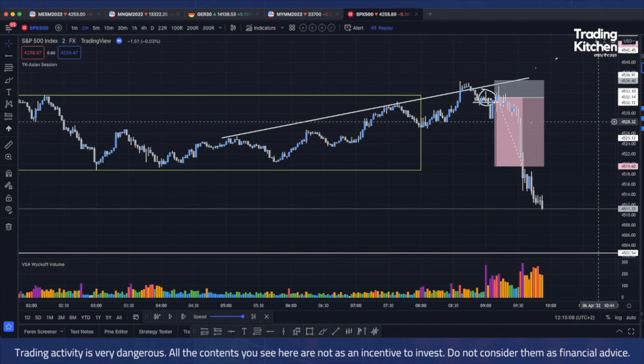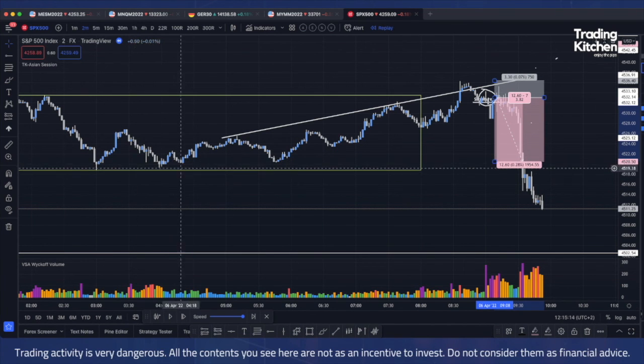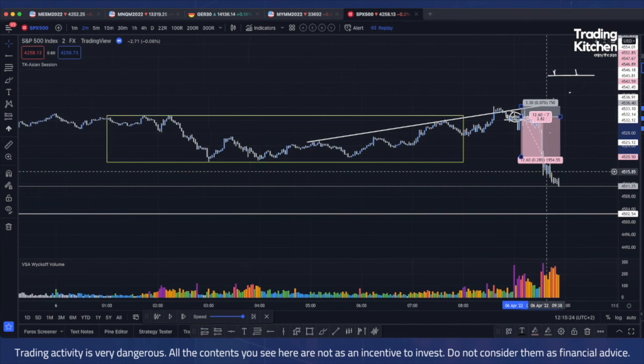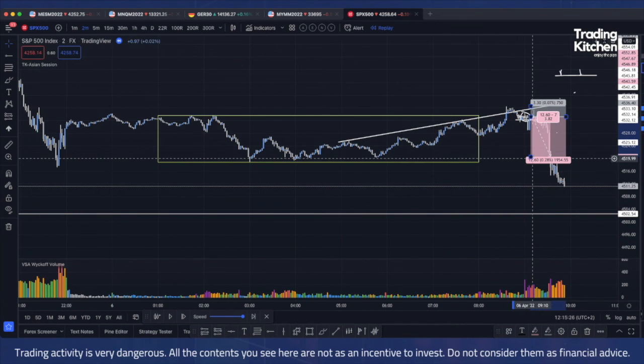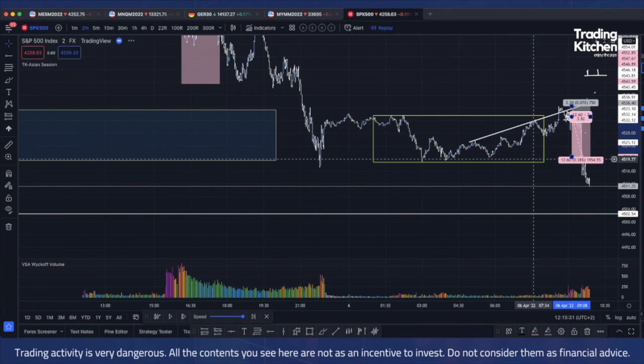So when I reach 1.3 or no, 1.4 in this case, because our target was over there, I close half position and I leave the other half running until the next level.